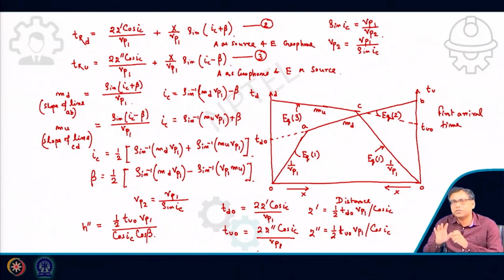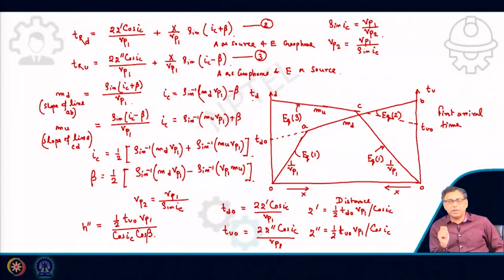Similar way you can use the critical distance concept also, and if you use the critical distance concept for TD case, then you equate equation 1 and 2, and if you want to use the critical distance concept for TU case, then you equate equation number 1 and 3, and then you can determine the Z dash and Z double dash, or from there H dash, H double dash, the same way I have discussed in my previous cases. So, this is the inclined layer case.